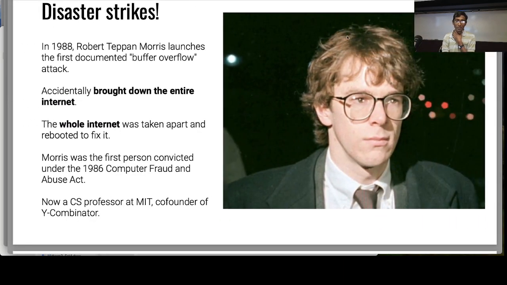And as we saw in the previous slides, in the last lecture, the first documented worm or attack that happened in the 80s in the MIT lab by Robert Morris is a kind of buffer overflow attack.